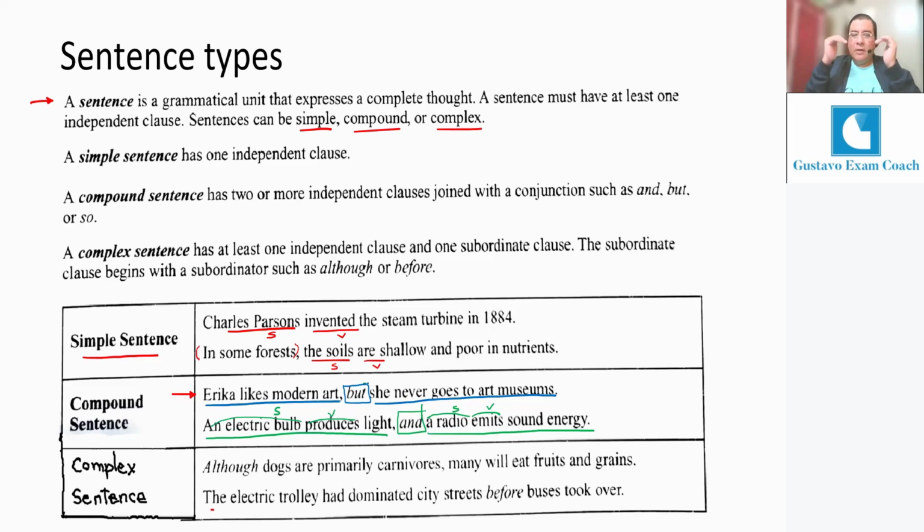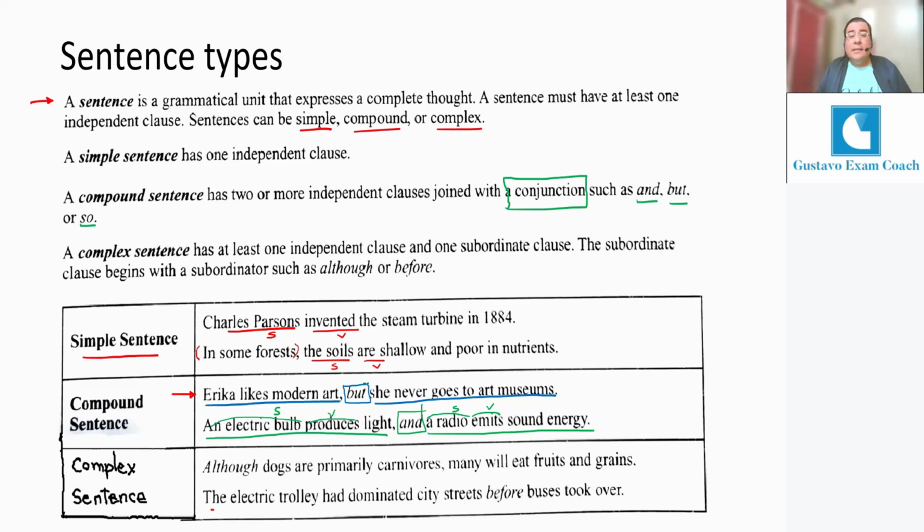Two parts of a compound sentence. So compound sentences are like this. You can aggregate two or more independent clauses. Later on, we'll study the families of words that can fulfill this role, conjunctions. Here we have just three examples, and, but, and or so, but there are many, many more.